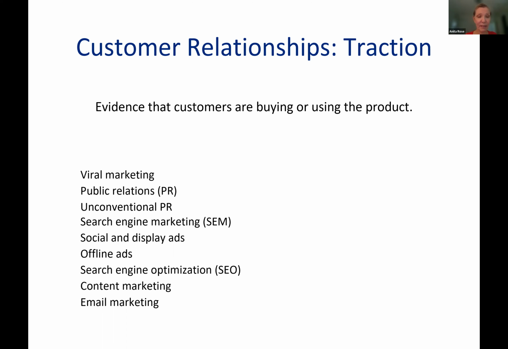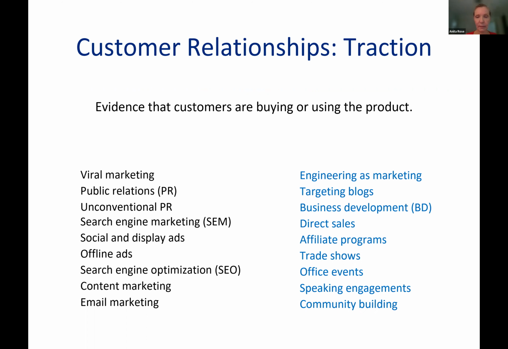Content marketing is another area, mostly online, where the customers get involved with the content of the marketing itself. You're providing content, and then you are having them engage with that content. Okay, and then it goes beyond that.